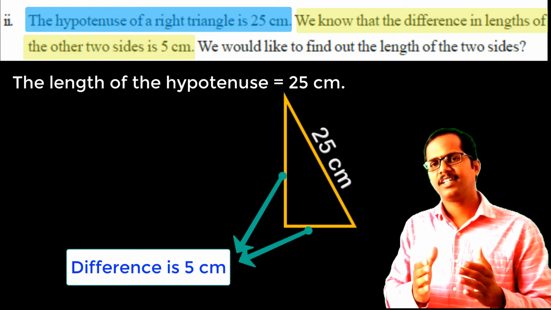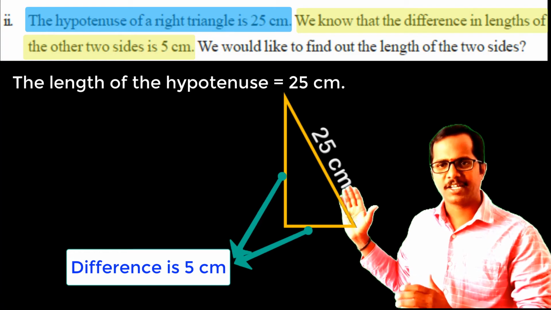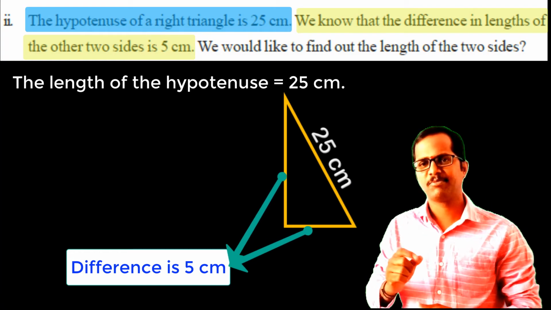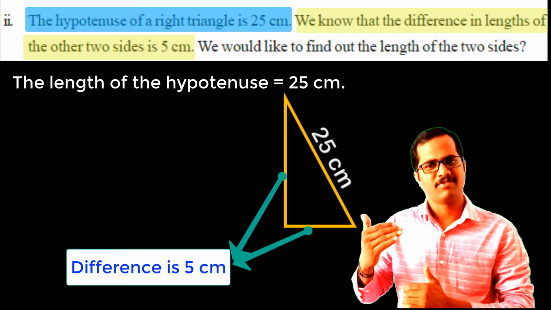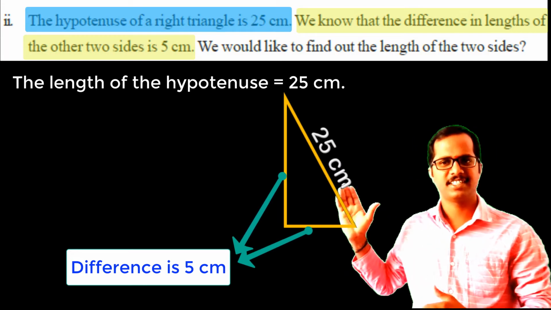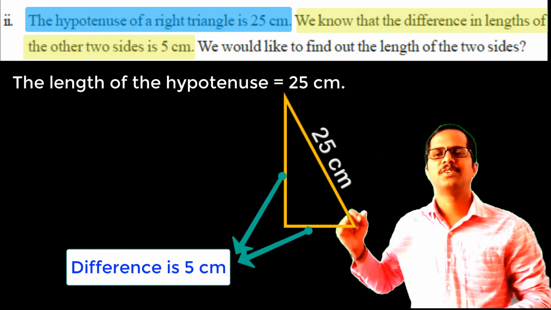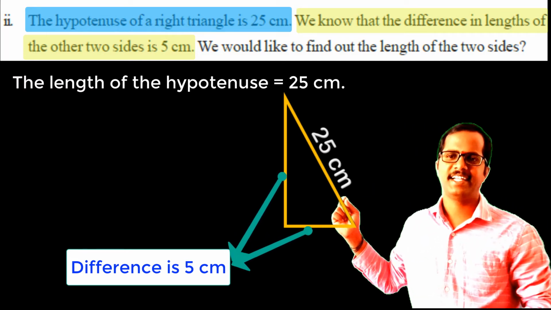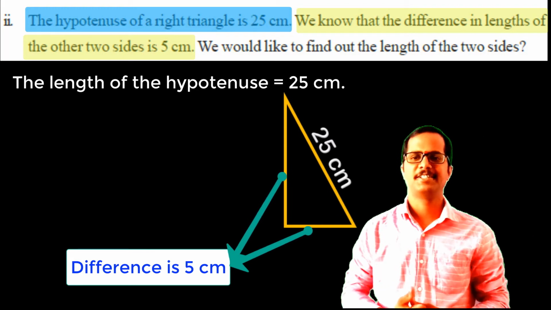That means in the remaining two sides, one side is more than the other side. And how much more? Very good, 5 centimeters. Since the difference in the lengths of the two sides is 5 centimeters, the length of the bigger side is 5 centimeters more than the length of the smaller side.